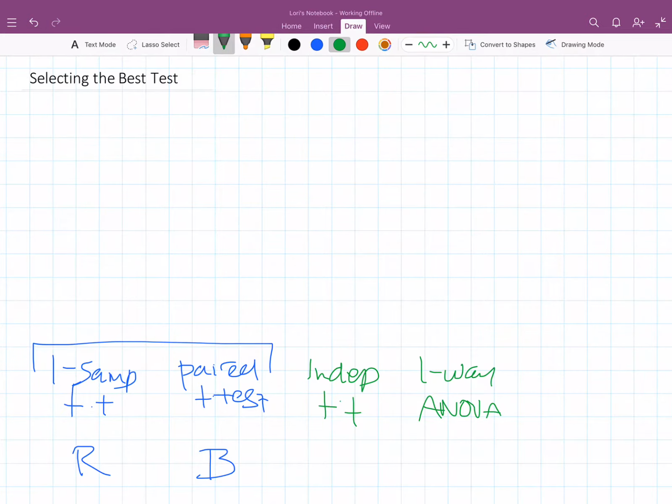It's called one-way ANOVA because we have only one predictor variable. In other words, we have an outcome variable and we're trying to predict it with just one variable that has several categories. With an independent t-test, we have only two categories, and with a one-way ANOVA, we can have three or more categories.